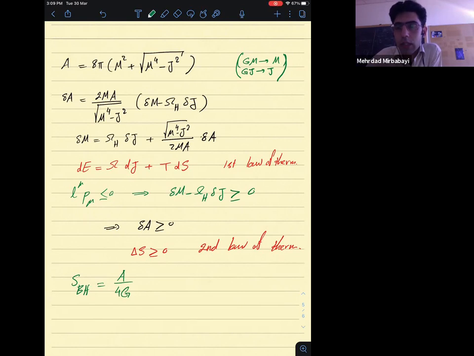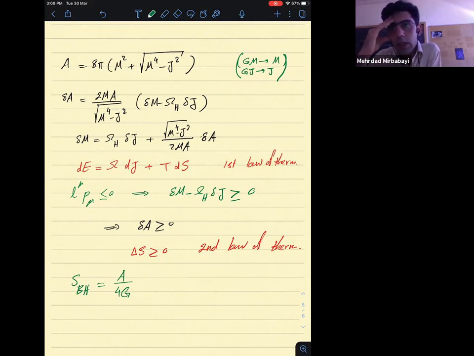If you have seen in your QFT course, you can write a path integral, some integral over the fields of e to the iS, where S is the action.